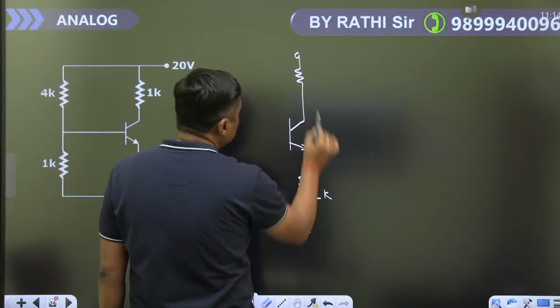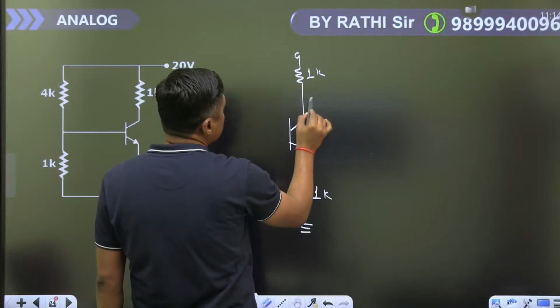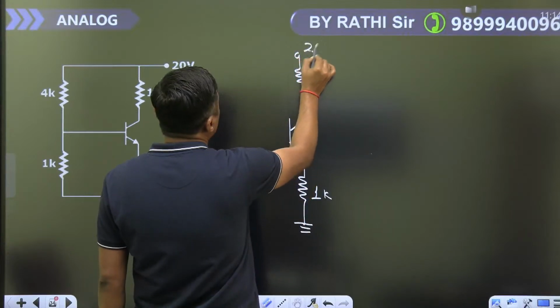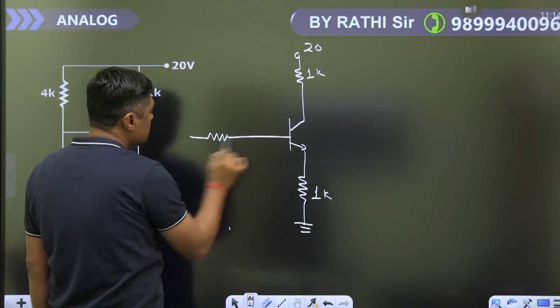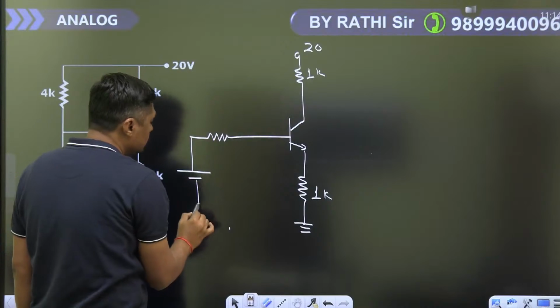This is 1 kilo ohm, this is 1 kilo ohm. Since the beta is very large, no need to find the RTH. Simply find the VTH only.